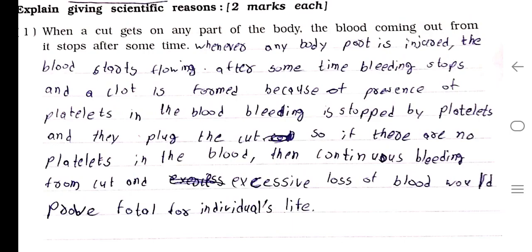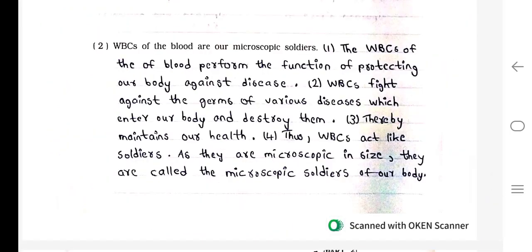Number 2. WBCs of the blood are our microscopic soldiers. Answer. 1. The WBCs of the blood perform the function of protecting our body against disease. 2.